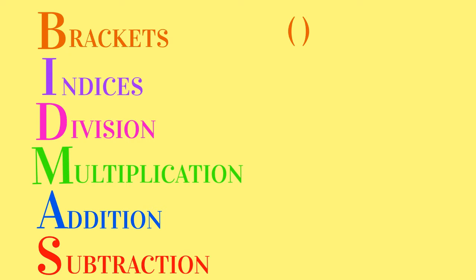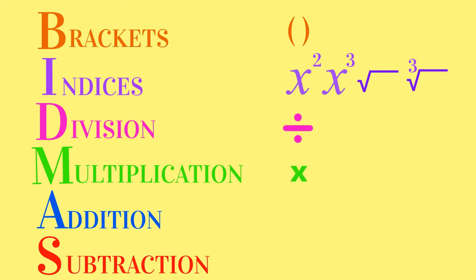These include all the powers and roots, such as finding a square number or cube number, or finding the square root or cube root of a number. Then you will take on division, followed by multiplication, and then addition, and lastly subtraction.